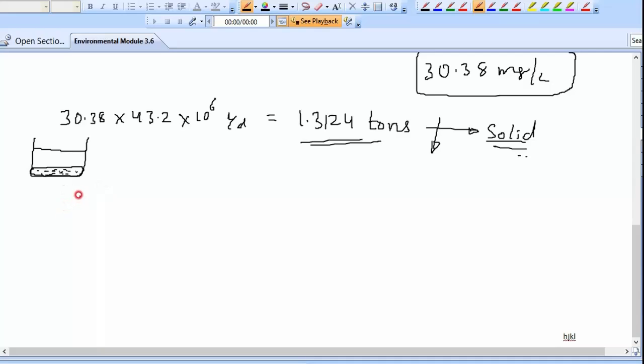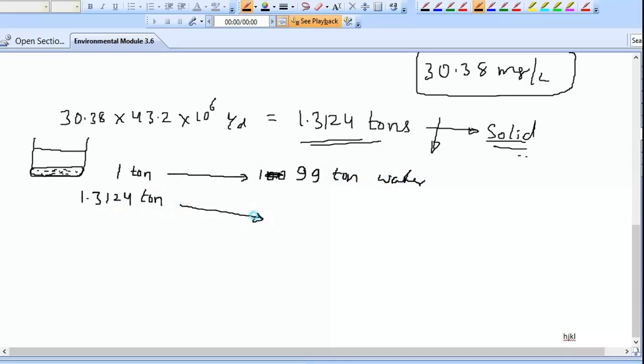Therefore, that we will use it here. We got 130 ton of water. Now water specific gravity is 1, therefore I can write it as 130 meter cube of water also.